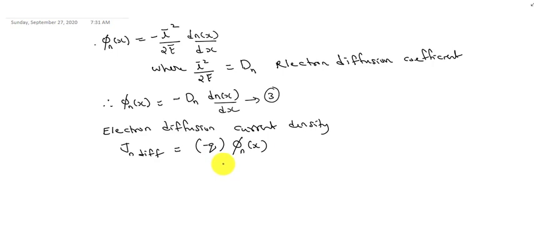So electron diffusion current density means the charge of electron multiplied with the net flow of electrons per unit area, or the electron flux density phi n of x. So substituting equation 3 in this, minus becomes plus, we get q into Dn into dn of x by dx. So this is the expression for Jn diffusion.